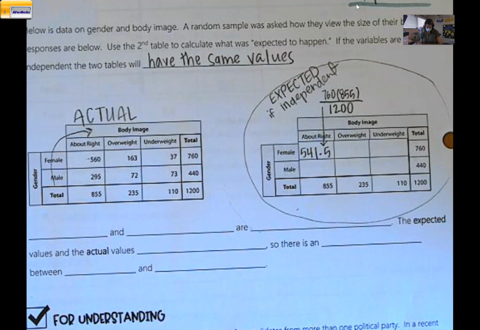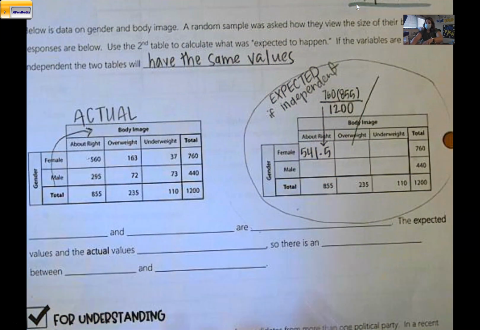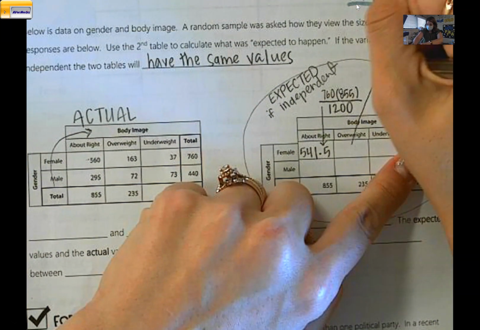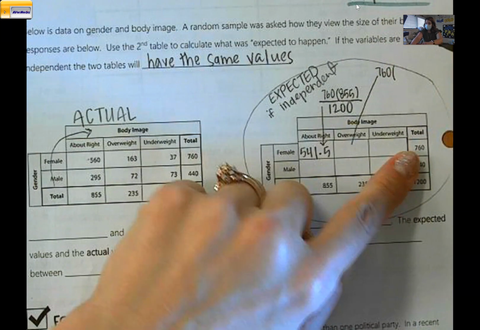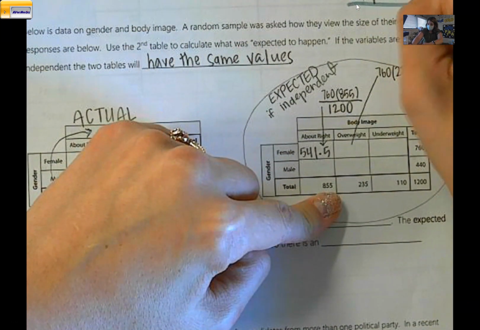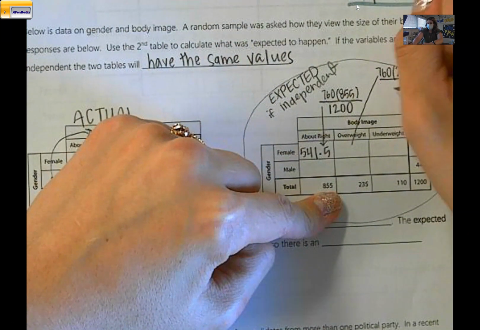Okay, let's find the number for overweight. So same thing, you use your row total, 760, multiplied by your column total. This time it's 235. Divided by your table total, 1,200.